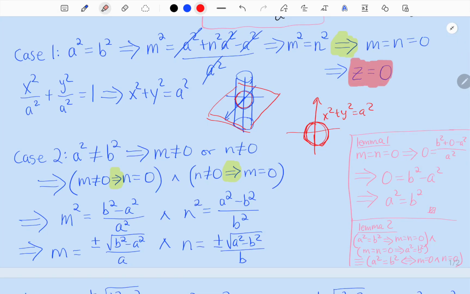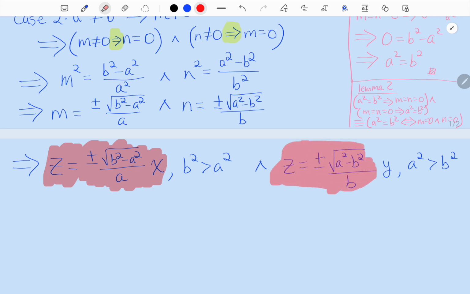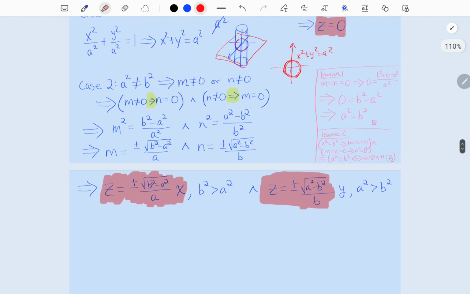So you have your answers. z is equal to 0. z is equal to plus or minus the square root of b squared minus a squared over a, and z is equal to plus or minus the square root of a squared minus b squared over b. Wow.